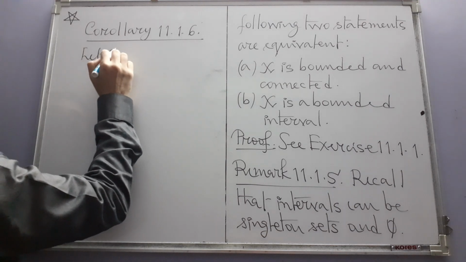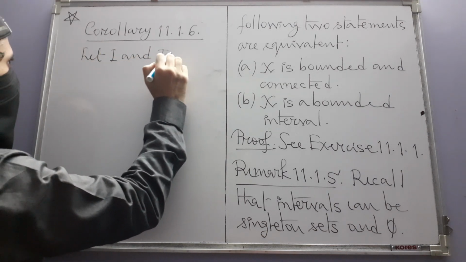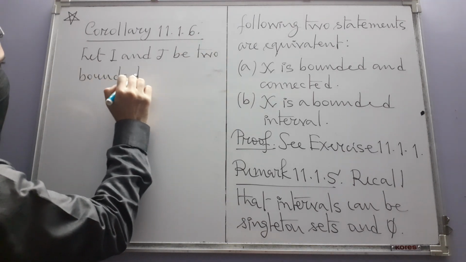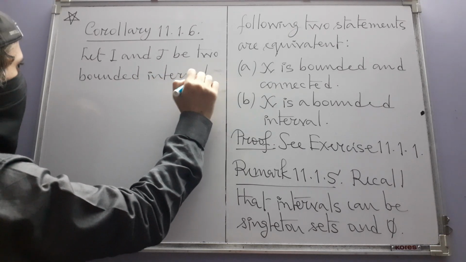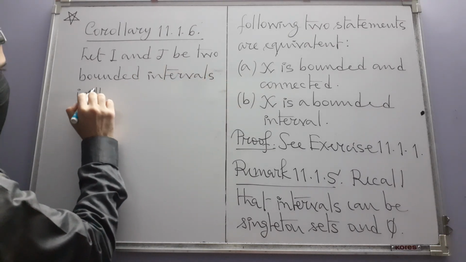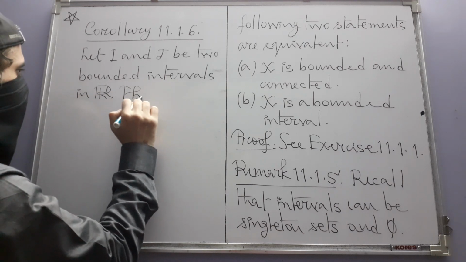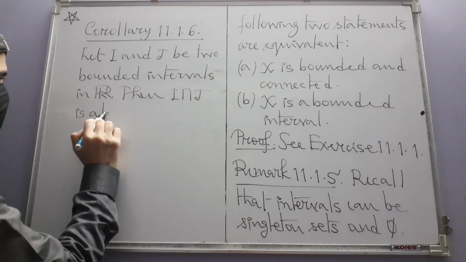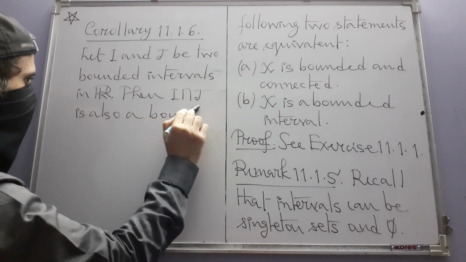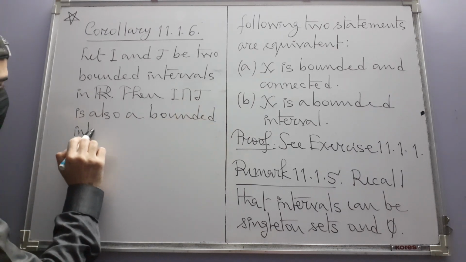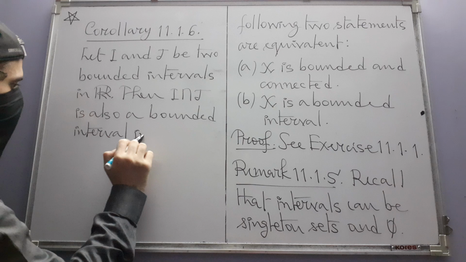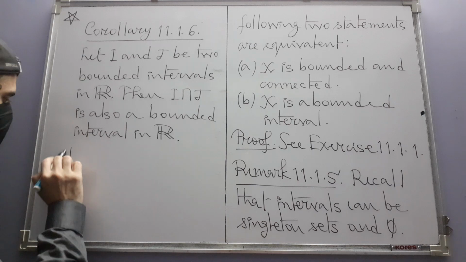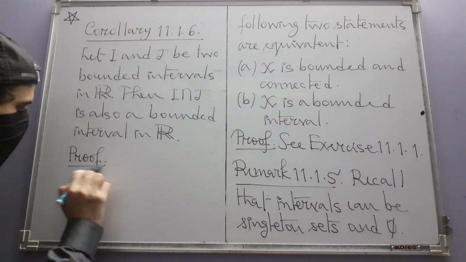Let I and J be two bounded intervals in R. Then the intersection is also a bounded interval in R. And its proof is also going to be handled in an exercise.